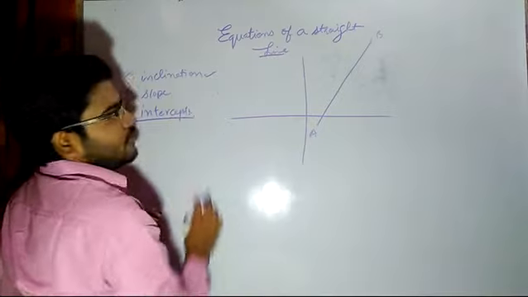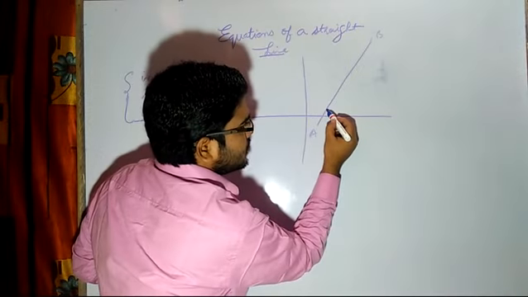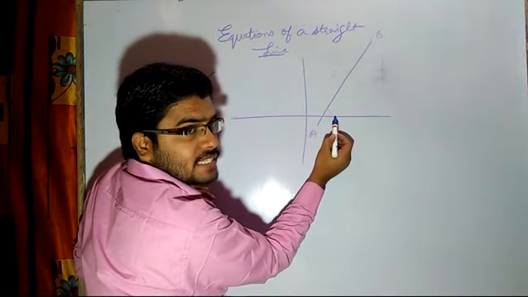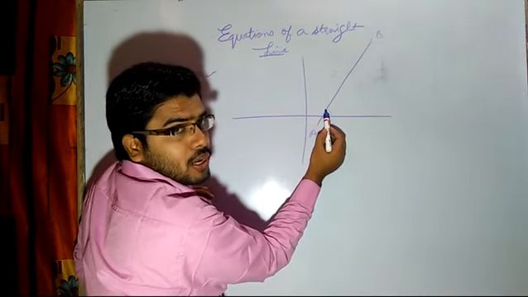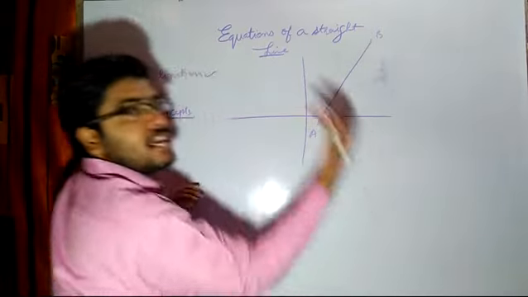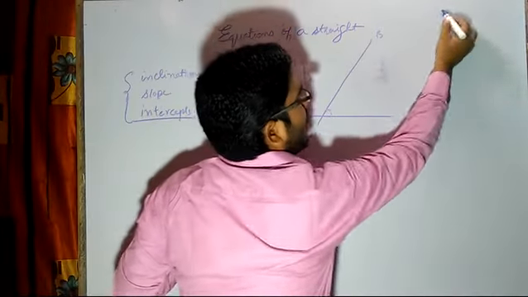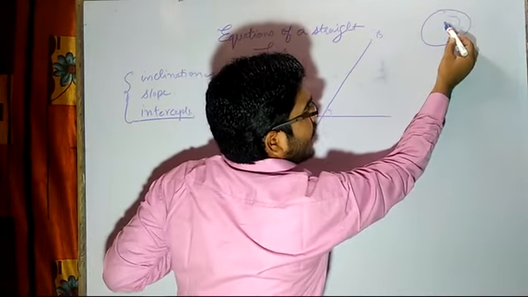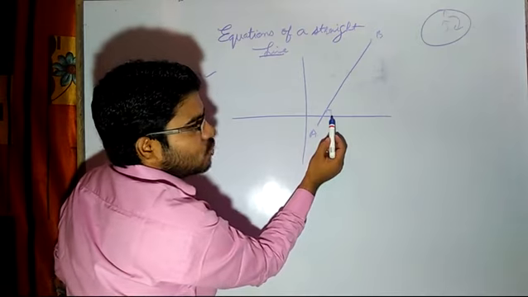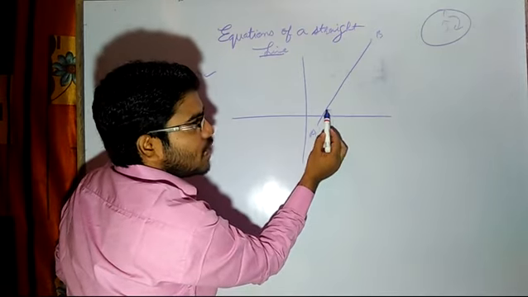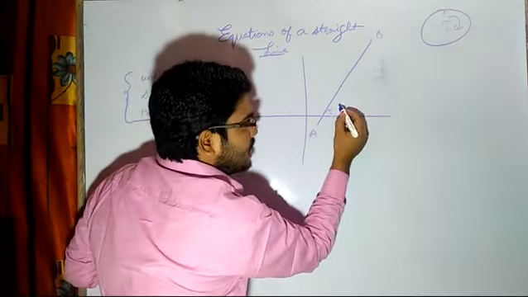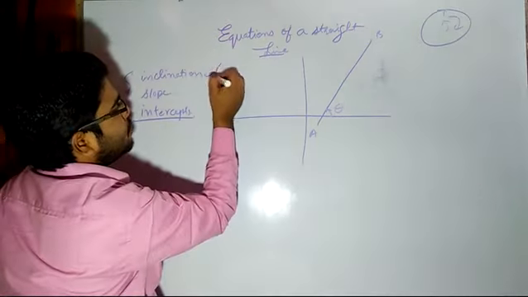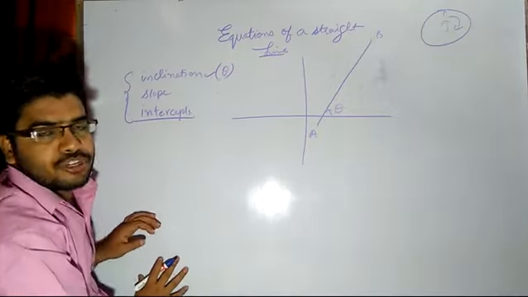Inclination means the angle made between the x-axis and that line in the anti-clockwise direction, like the clock hand moves. The angle that is made is called the inclination, and it is denoted by theta.